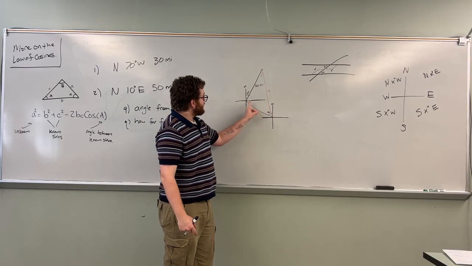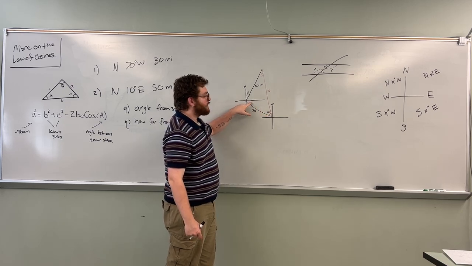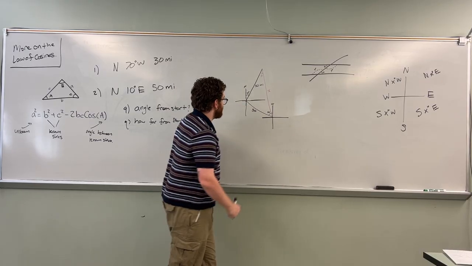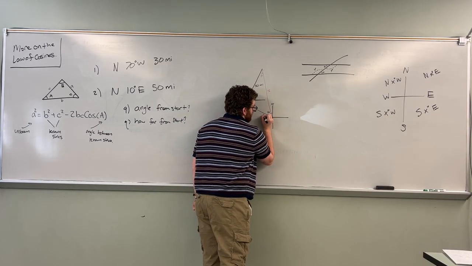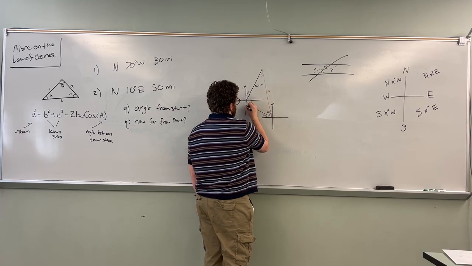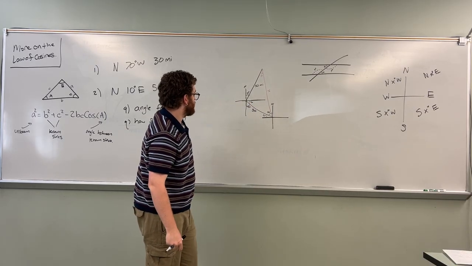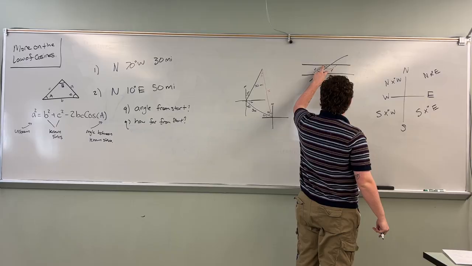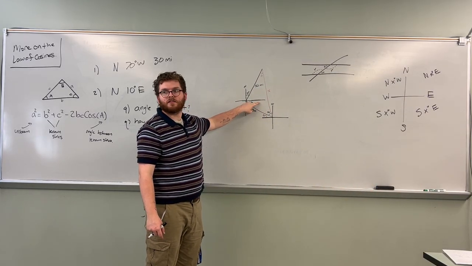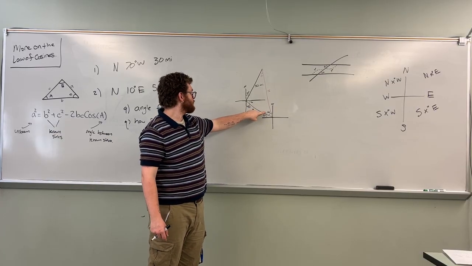Then this line here, if this is a 70-degree angle, then it also forms a 70-degree angle here, maybe here. If this is 20, then this one is going to be 20, and this one is going to be 70. The corresponding angles are on opposite sides of the line. So if 20 is on this side of the line, it's going to be on the opposite side of the line there. 70 is on this side of the line, it's going to be on the opposite side of the line there. Good enough.